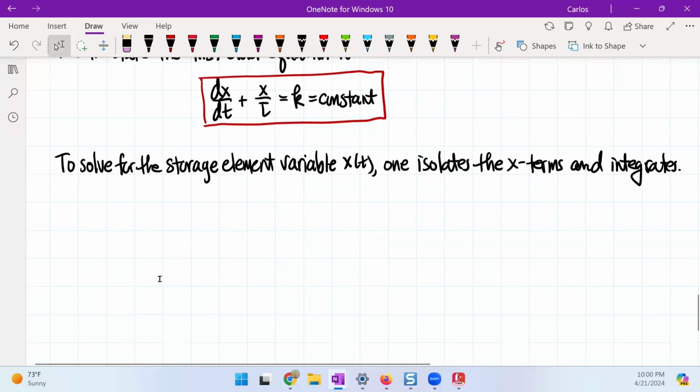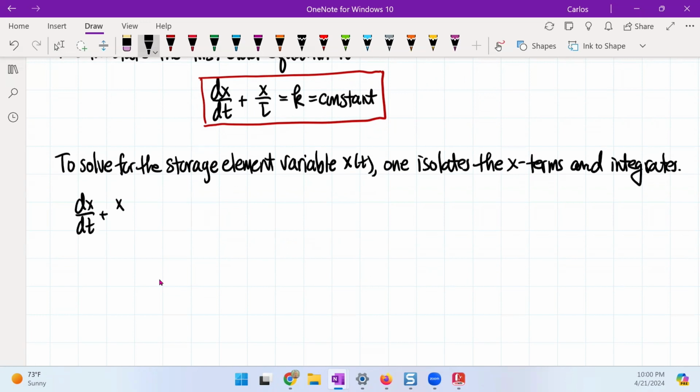So let's do that. We start off with our first order equation. And the first thing that we have to do is isolate x. So when I isolate x, I have to bring all of the x terms over to the left side, which gives me dx over x minus k tau, and this will give me minus dt over tau.